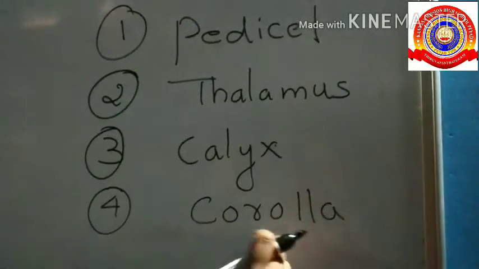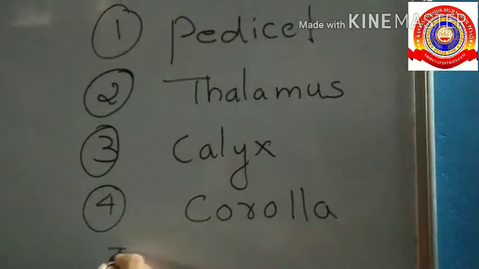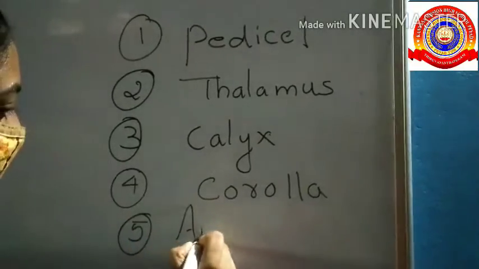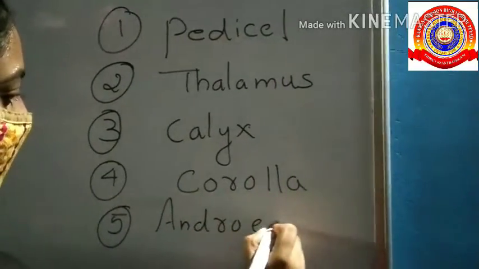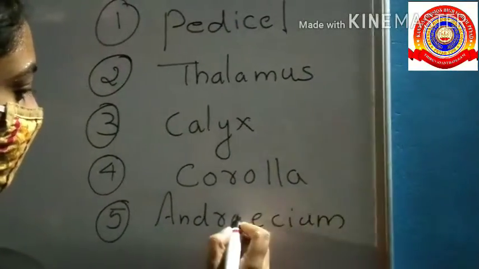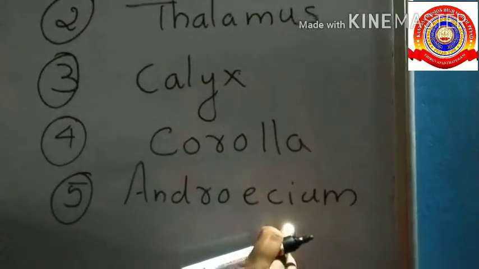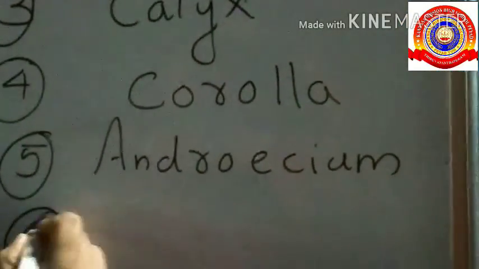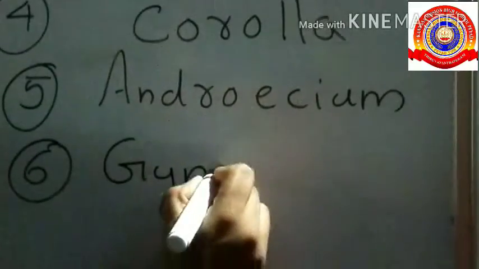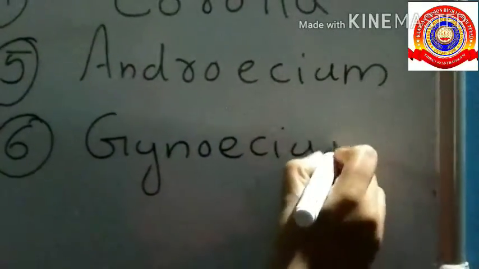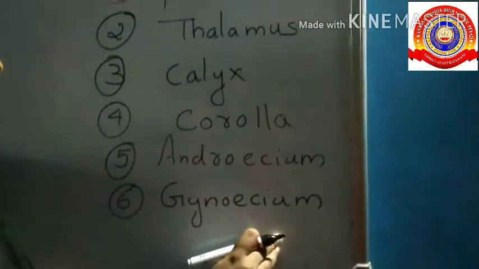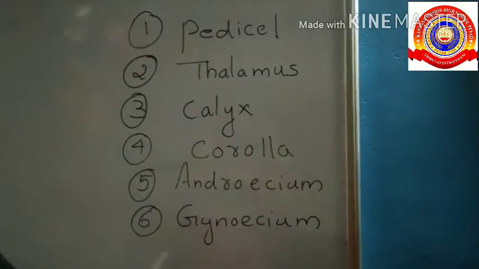The fourth one is corolla. The fifth one is androecium. And the sixth one is gynoecium.